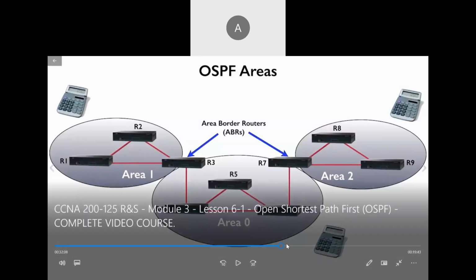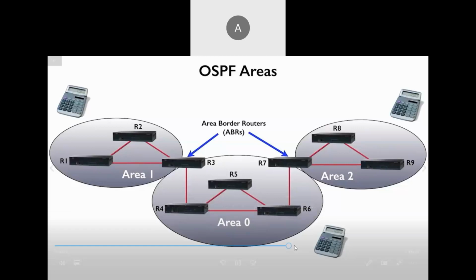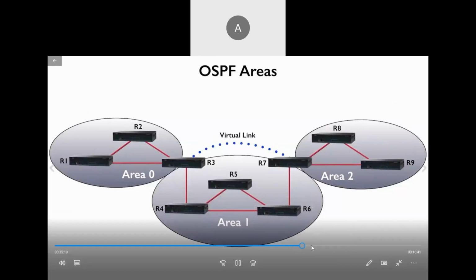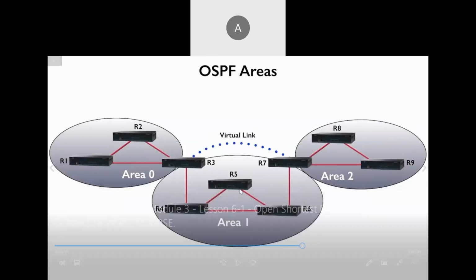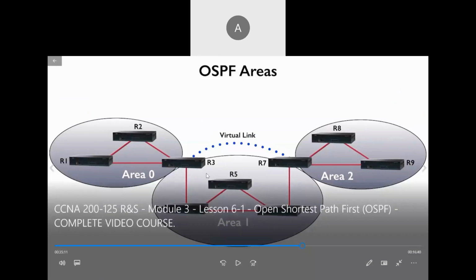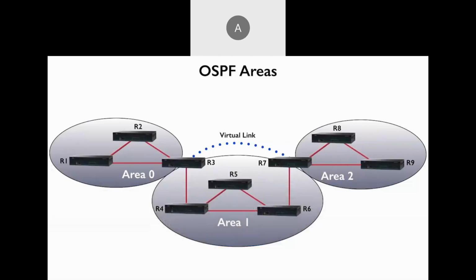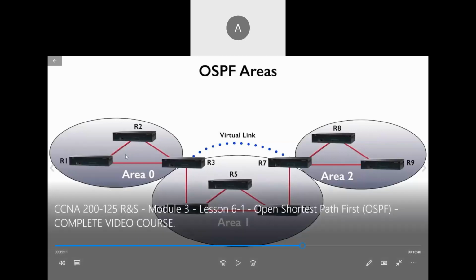Now if we have a different design, what happens, guys, if area 1 is over here and this is area 0, this is a different design. What is the problem with this design? The design problem is area 2 is not directly connected to area 0, and it was the job of area 0 to advertise the routes coming from a different area into area 1.